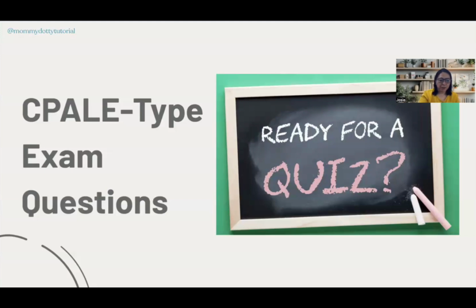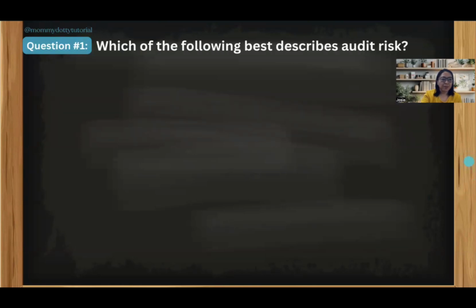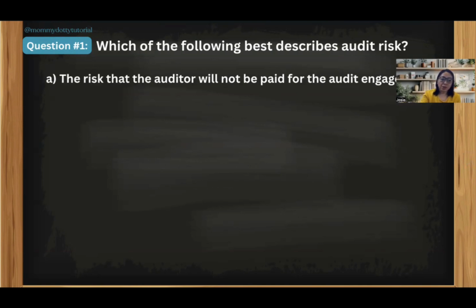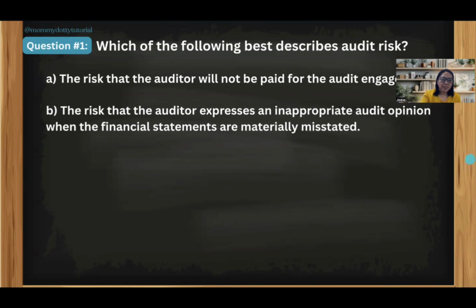Are you ready for the quiz? Okay. Now let's start. For question number 1: Which of the following best describes audit risk? A, the risk that the auditor will not be paid for the audit engagement. B, the risk that the auditor expresses an inappropriate audit opinion when the financial statements are materially misstated.